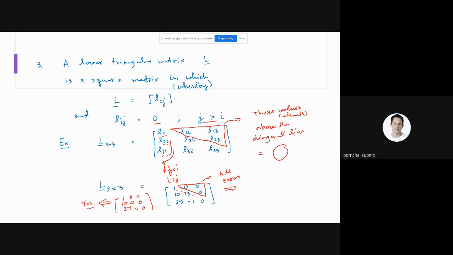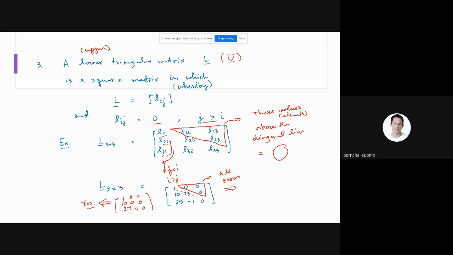You can guess that similarly we can define a triangular matrix, but we change to an upper triangular matrix, and normally in this case we write it as U. You will see later why we do this.